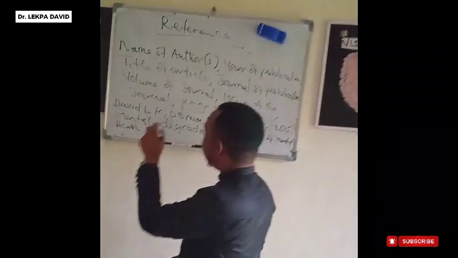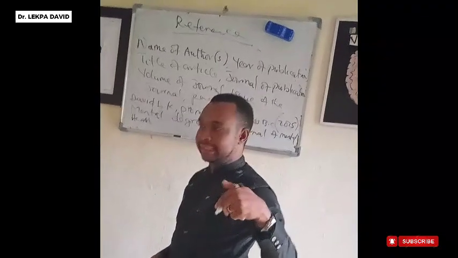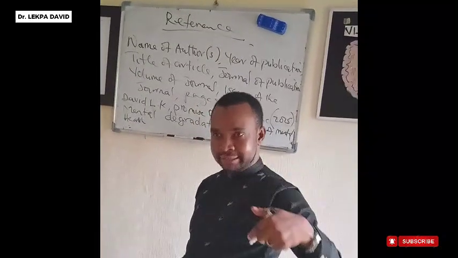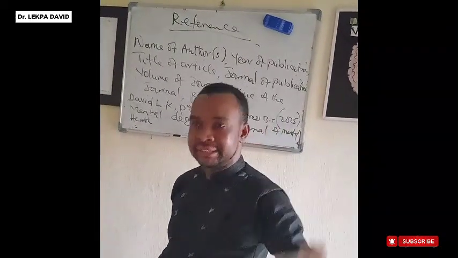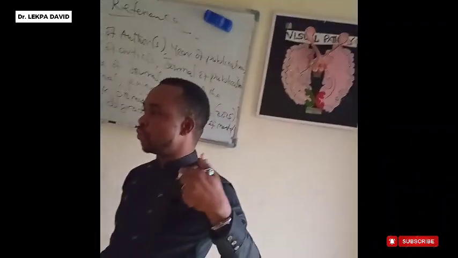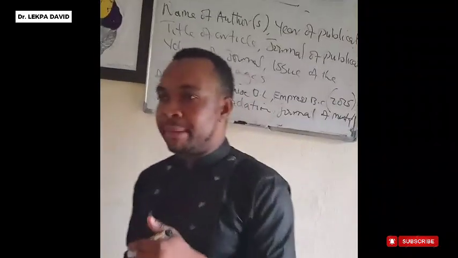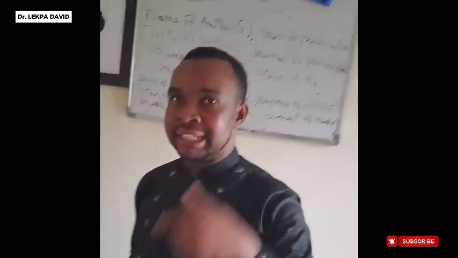The volume. Now the volume is showing the year that journal has been in existence. So when you see volume 10, it means that journal has been existing for 10 years. When you see issue 1 or issue 2 or issue 3, as the case may be, it's showing the number of times that the journal published in a year.